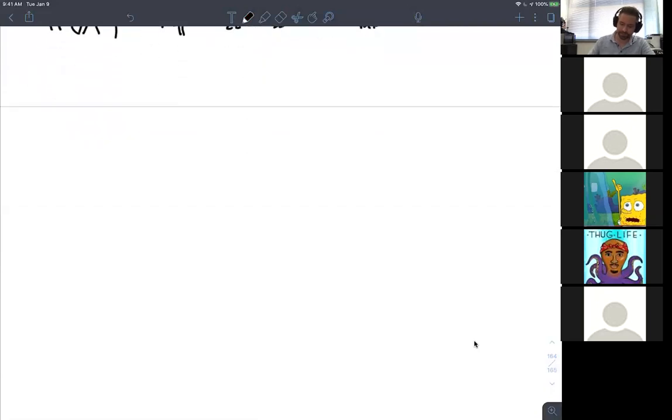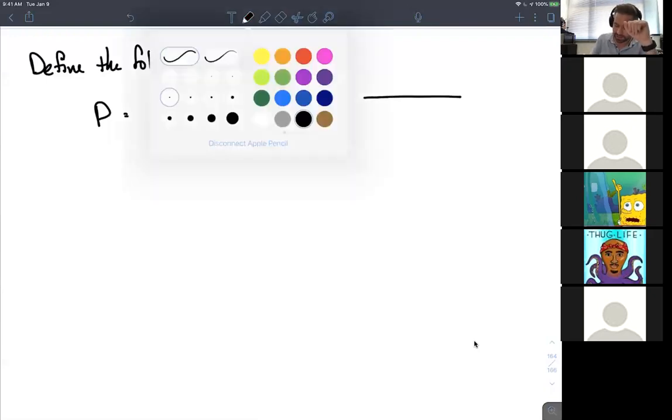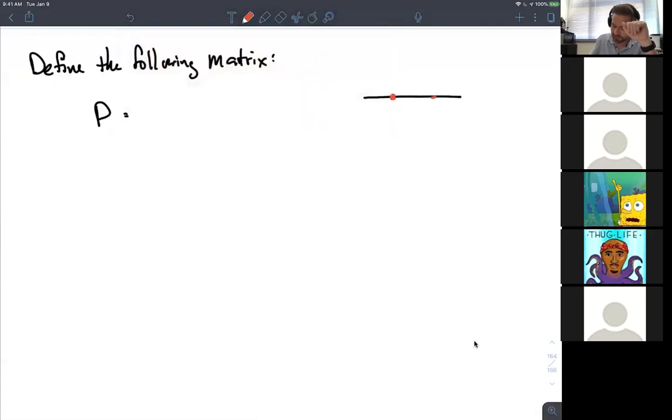Specifically, I'm going to define the following matrix, and I'm going to call this matrix P. To keep it simple, let's first define this matrix thinking about a system with only two spins. My Hamiltonian in this case is just this. I've just got two spins right next to one another. This is spin 1 and this is spin 2.